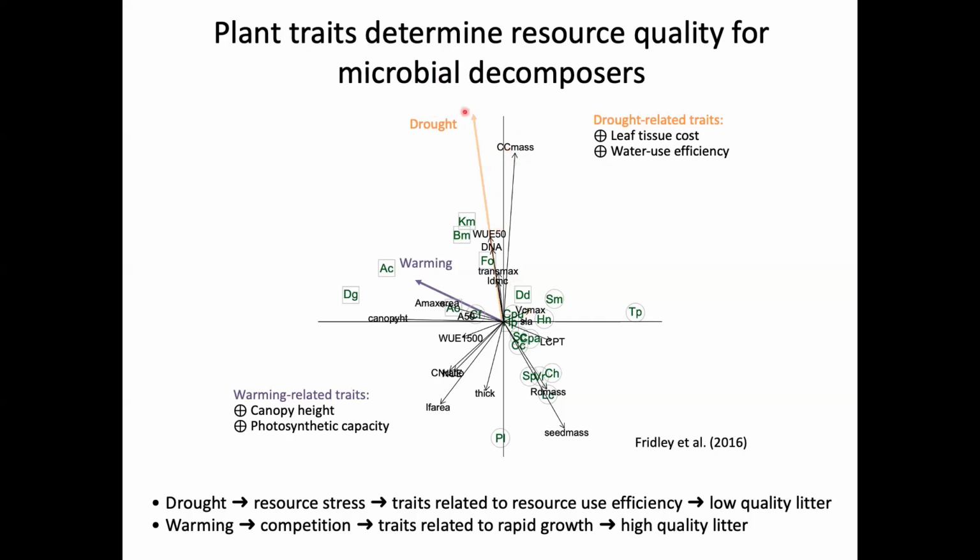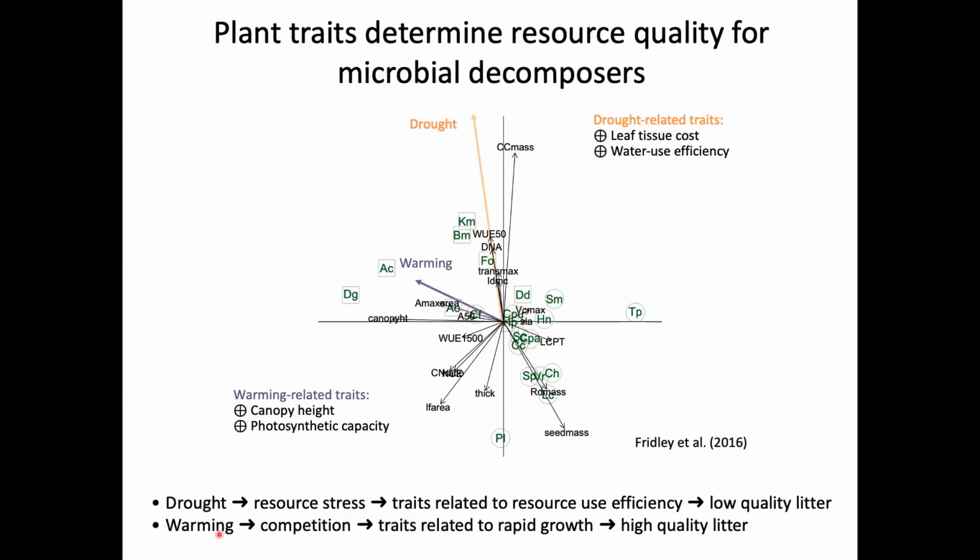For example, leaf construction costs, the CC masses, positively associated with the drought treatments. Plant canopy height is associated with the warming treatments. To paraphrase quite a complicated graph, the drought treatments are creating resource stress, and they're selecting for plant traits that are related to resource use efficiency and potentially therefore generating low quality litter for the microbial community.